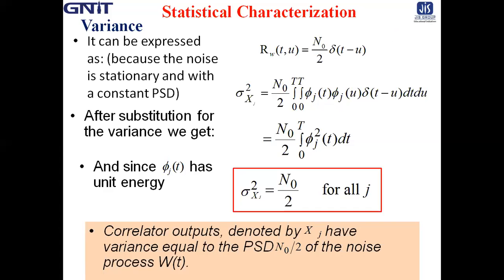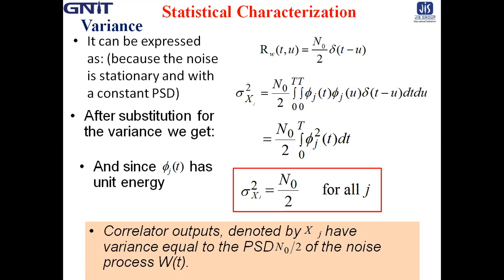Since this noise is stationary, the autocorrelation function depends only on the time difference t minus u. Furthermore, since the noise W(t) is white with a constant power spectral density N0 by 2, we may express R_W(t,u) as N0 by 2 delta(t minus u).